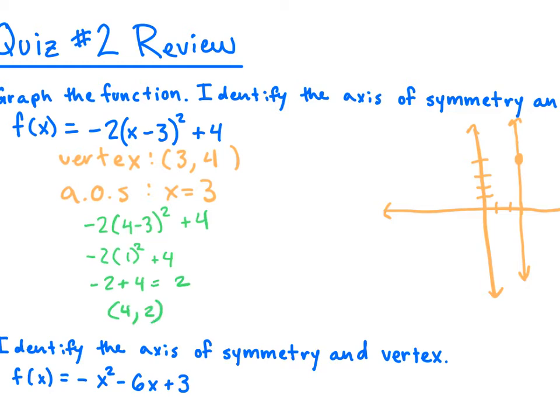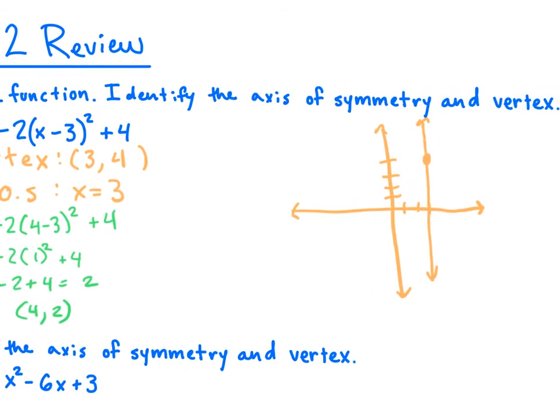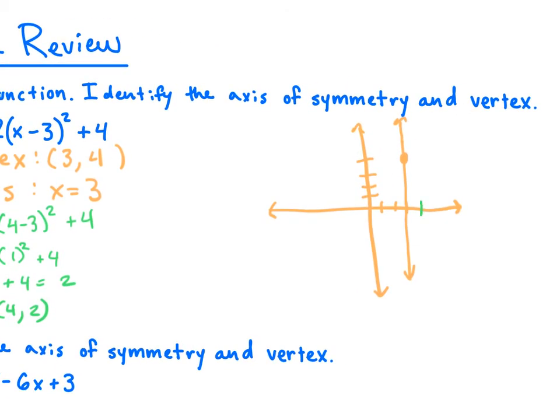So our point, we're going to go to the right 1 and up 2. And since we're one space away on the right side of our axis of symmetry and up 2, we need to be one space away on the left side and up 2. So now that we have our 3 points, we can just connect them with our parabola.